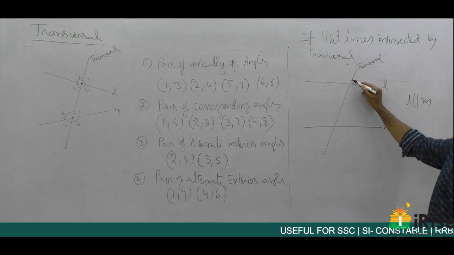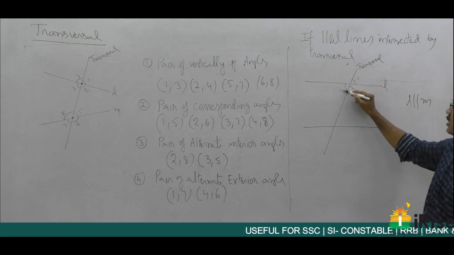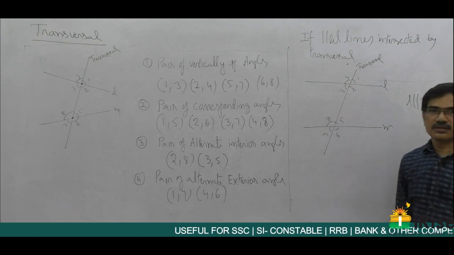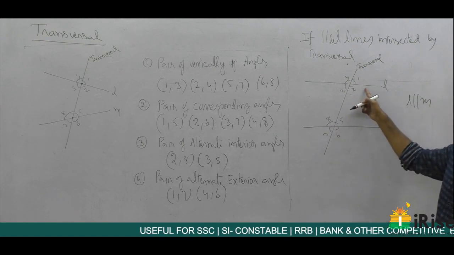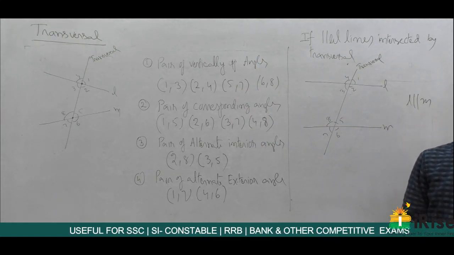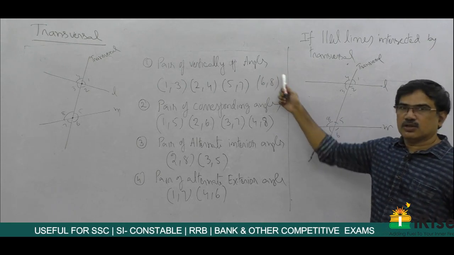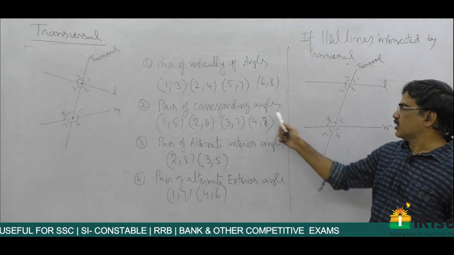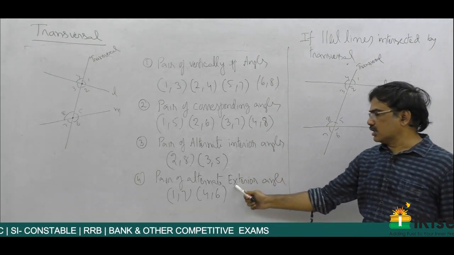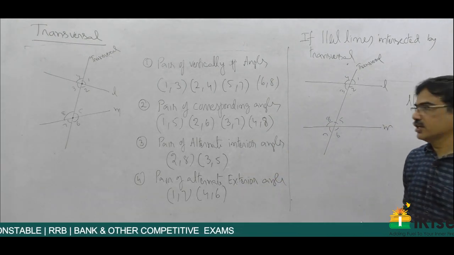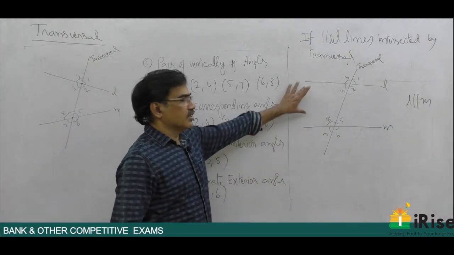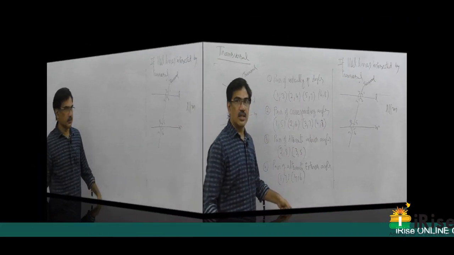Here also we have 8 angles: angle 1, angle 2, angle 3, angle 4, angle 5, angle 6, angle 7, angle 8. In this case, all these pairs are equal. Vertically opposite angles are equal, corresponding angles are equal, alternate interior angles are equal, alternate exterior angles are also equal.